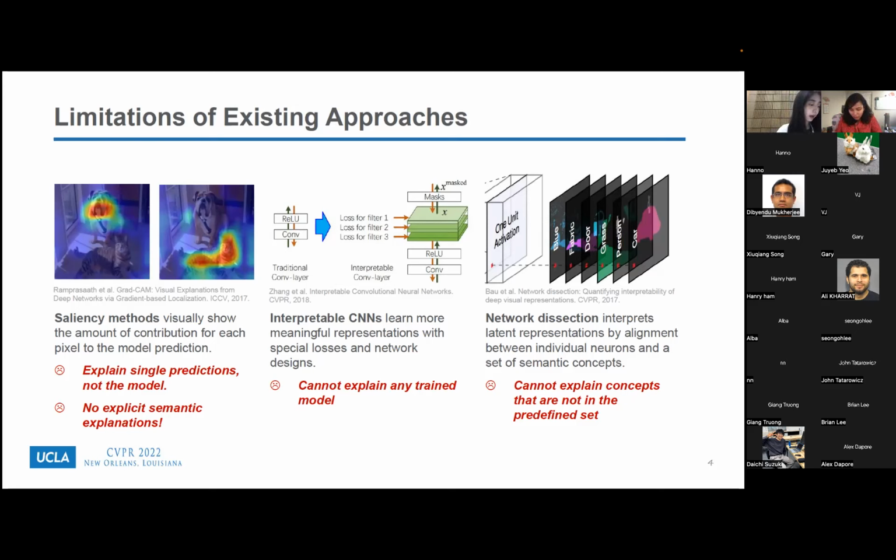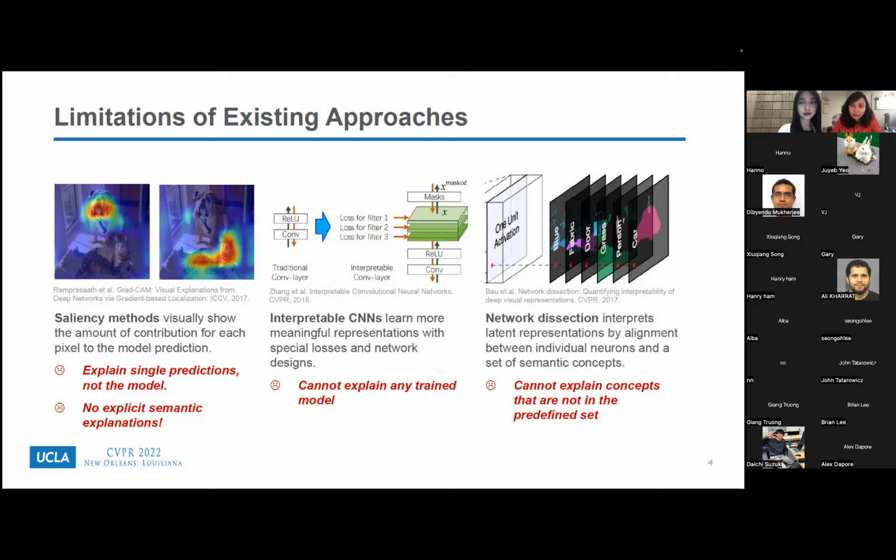On the other hand, interpretable CNNs have more meaningful representations with special losses or network designs. But by design, they cannot interpret representations learned by any given network without changing its structure or retraining.